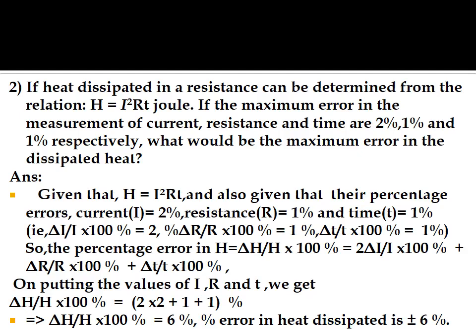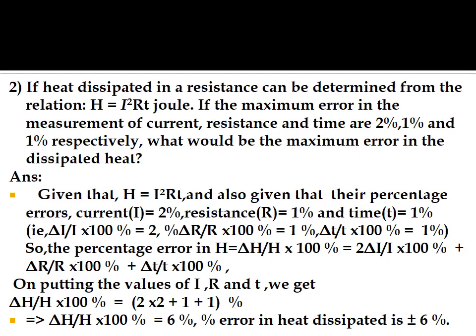Solution is, given that H is equal to I square RT and also given their percentage errors. For current, I is equal to 2%. For resistance, R is equal to 1%. And for time, T is equal to 1%.